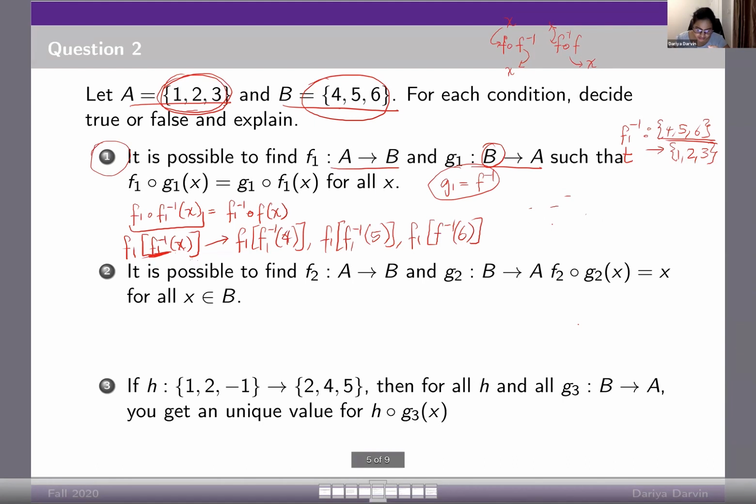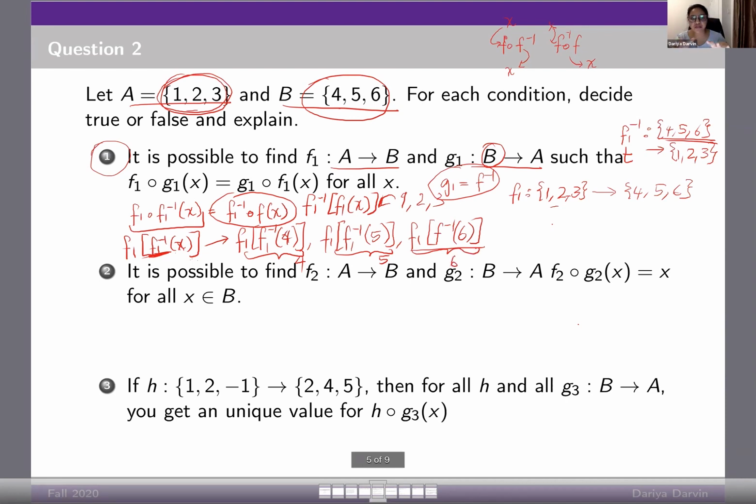On the other hand, if you look at the right-hand side, you do F1 first and then the inverse. So the inputs you can give in here are 1, 2, and 3. These are the inputs that can go into this function because F1 goes from 1, 2, 3 to 4, 5, 6. But you are right in the sense that, since I'm talking about inverse, this gives me 4, this gives me 5, this gives me 6.